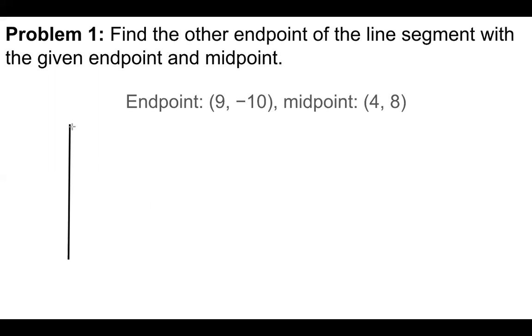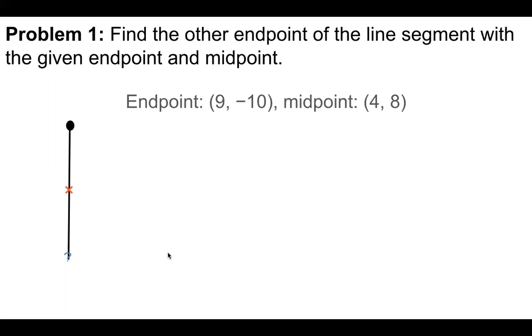So normally we have a point here, and we're looking for the one in the middle. This time though, we have the point in the middle and we have the point at the top, but we're looking for the one at the very end.